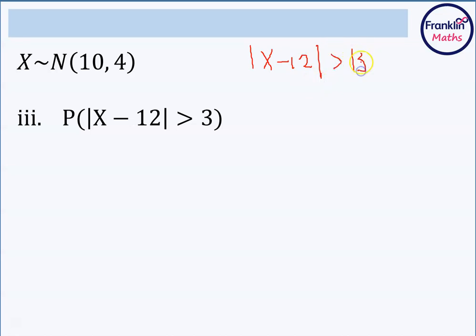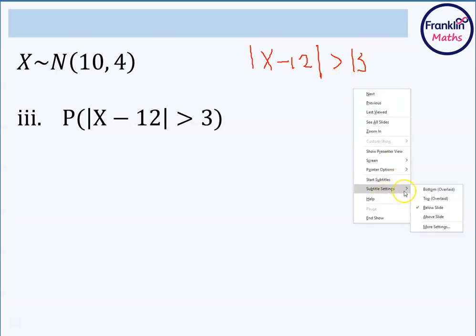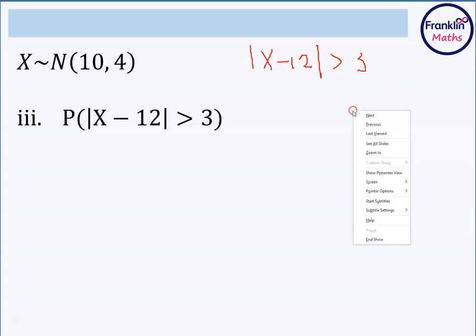Notice, sorry, I don't know why I put 13 there. Just look like an actual 3. Now, because it's greater than, if you think about this in terms of distance, so 12 is your center, and I want more than 3.